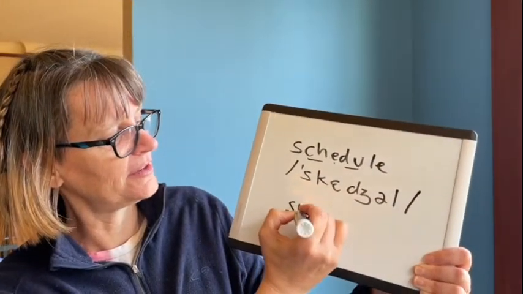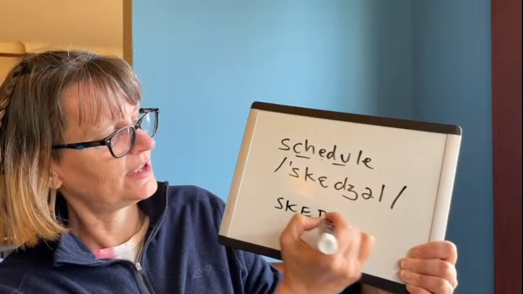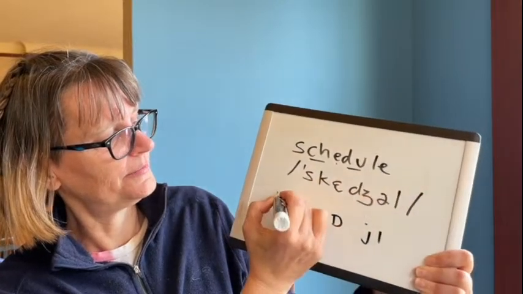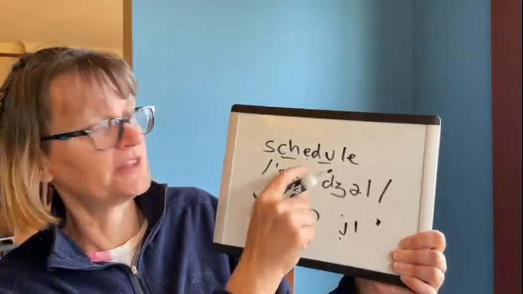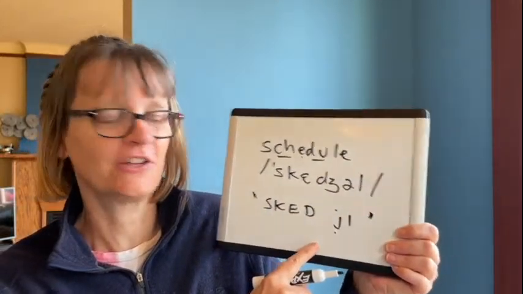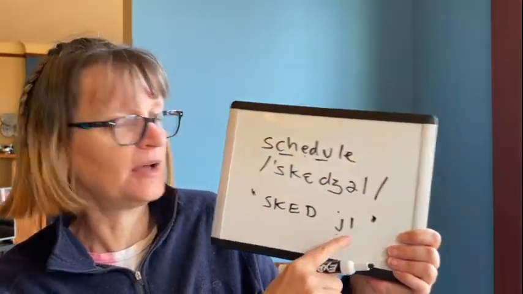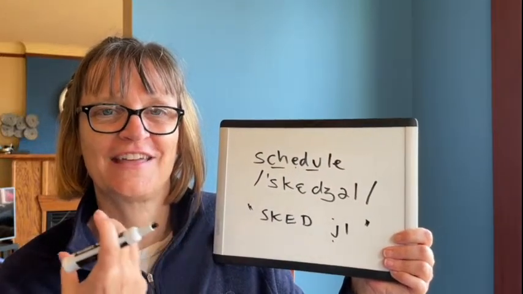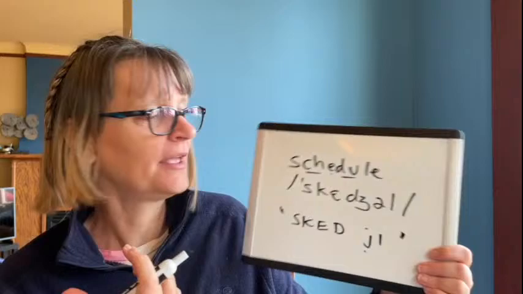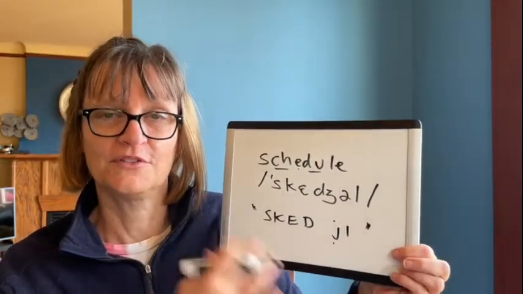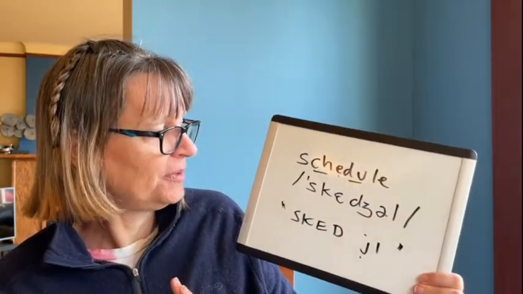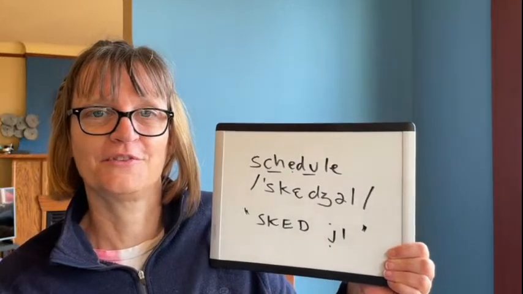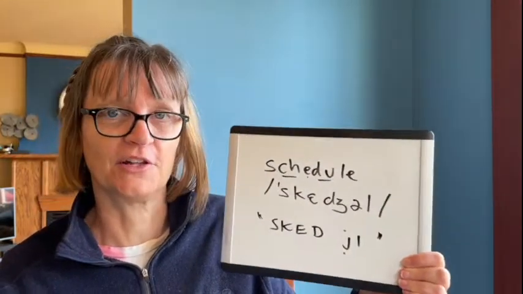So I've rewritten the j sound with letter J here, like in jump, schedule. And I don't write a vowel here because you want to move very quickly from the j to that dark L. I do have a video for schedule, helping you break that down and those sounds because it is a little bit challenging.